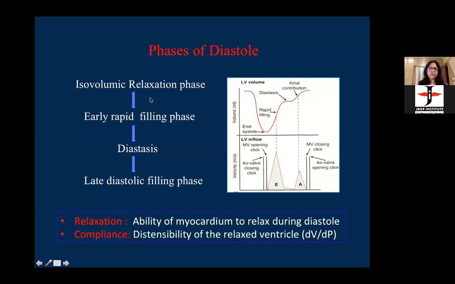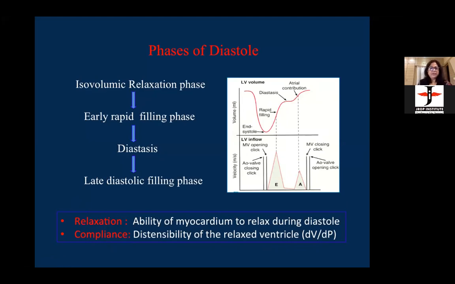As the blood is moving from the LA to the LV, the LV should be able to receive that blood. So it is called compliance, or the distensibility of the relaxed ventricle. It is the response in change in volume to change in pressure.